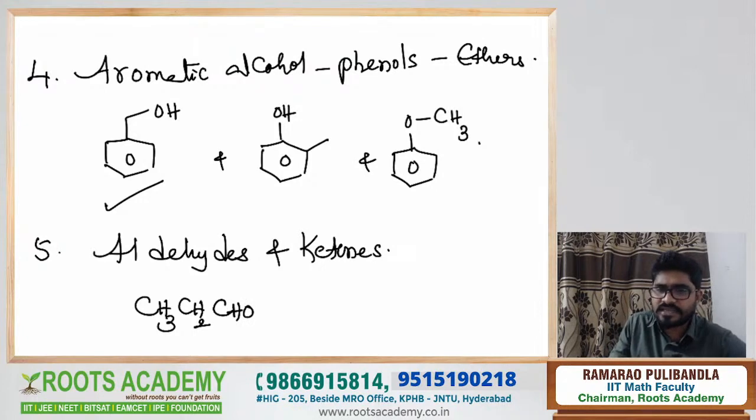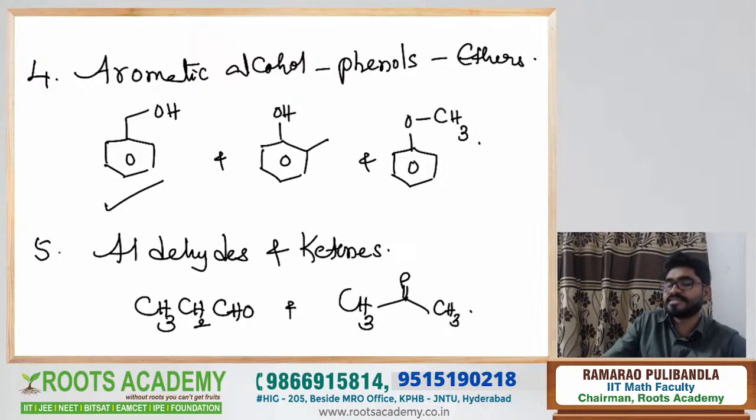CHO group is called as al. And ketones, we can take propanone, guys, it is a ketone. I can write like this. CHO is called as al, and the C double bond O is called the ketone functional group. So this is propanone, this is propanal.